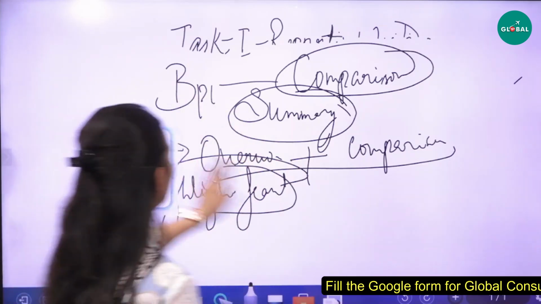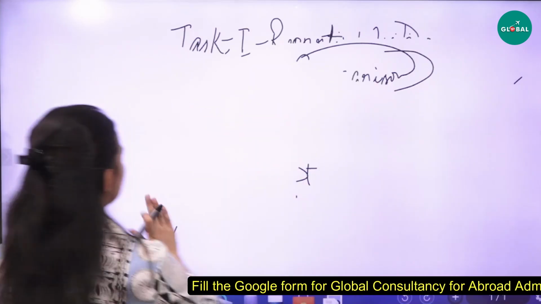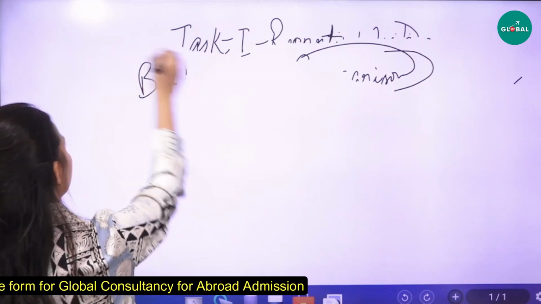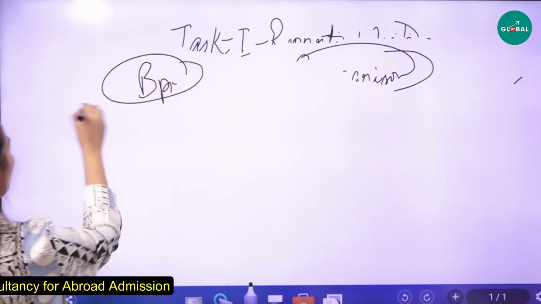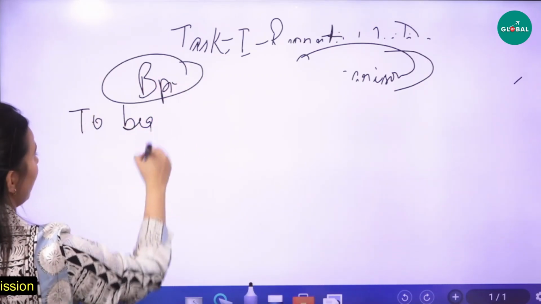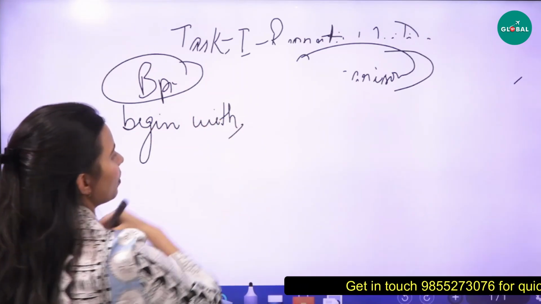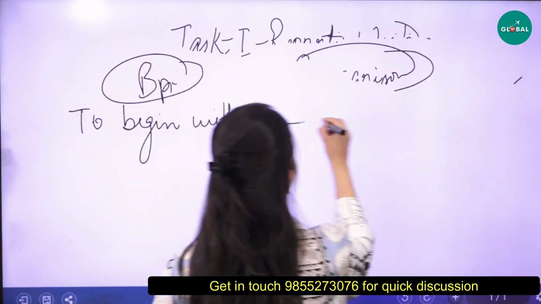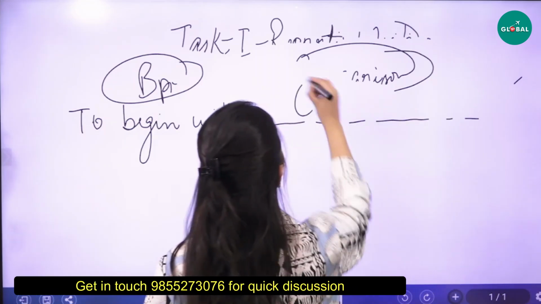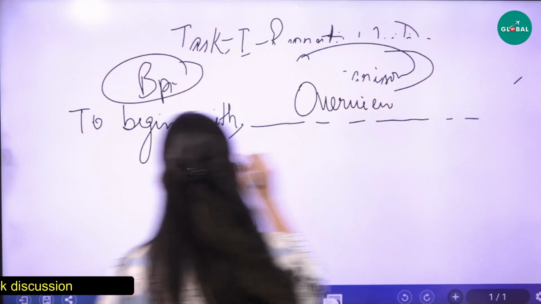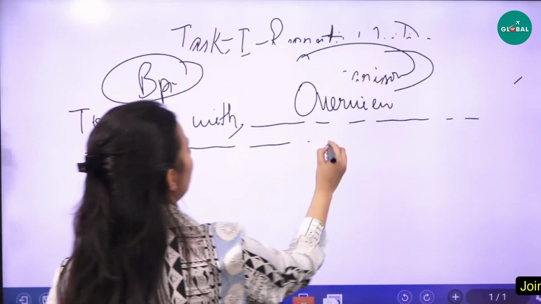Now how are you going to write it down? See, this is the starting of your body para 1, right? To begin with, whenever you start writing your body para 1, to begin with, comma, please write down the overview here. Whatever you have observed, overview line, and that should end.